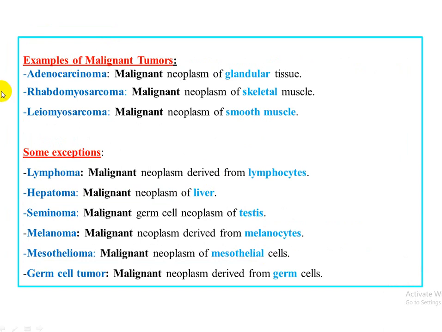Examples of malignant tumors: adenocarcinoma, a malignant neoplasm of glandular structure; rhabdomyosarcoma, a malignant neoplasm of skeletal muscle; leiomyosarcoma, a malignant neoplasm of smooth muscle.